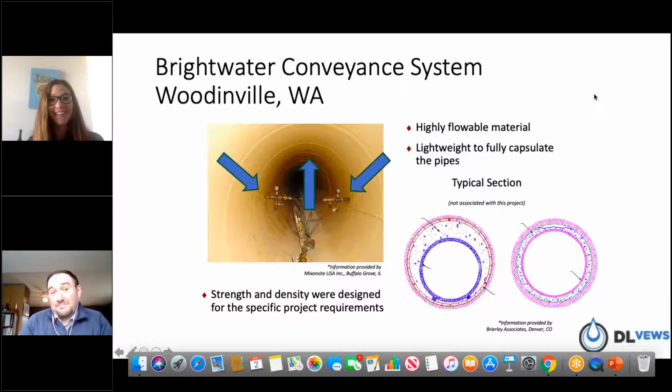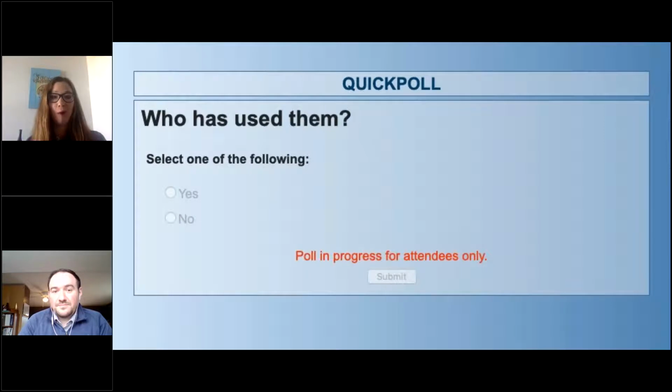So that gives you a good idea. So one more poll. For the 67% of you that are familiar, who's actually used grout ports? I like it. So we've got a third who are not familiar with them at all. And now I'll be curious to see out of the two-thirds who are, who's actually used them in the field.